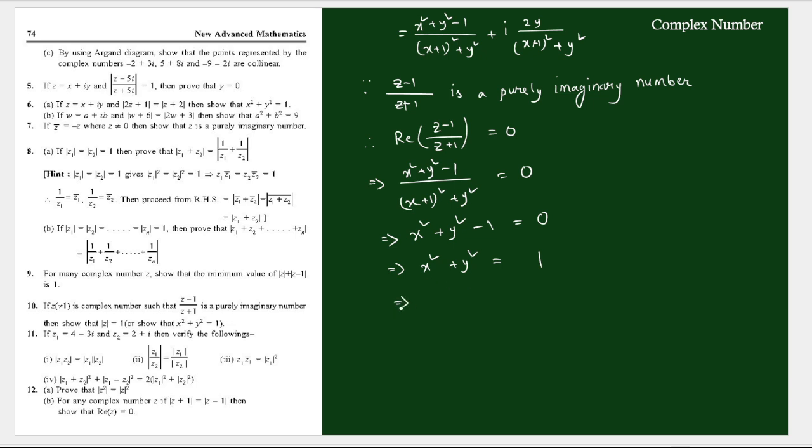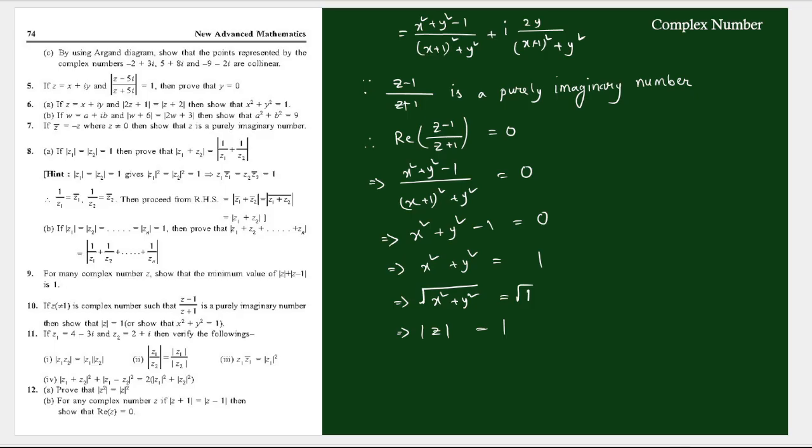And root of x square plus y square is nothing but the modulus. If you take the square root, then here also square root of 1, and this is nothing but your modulus of z, and root over 1 is how much? 1.